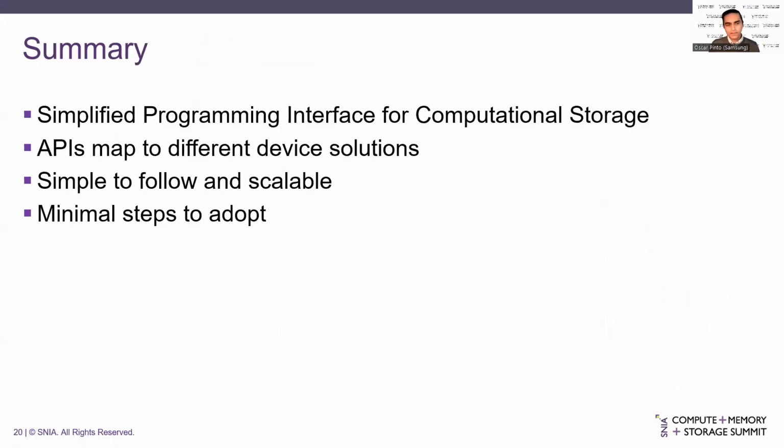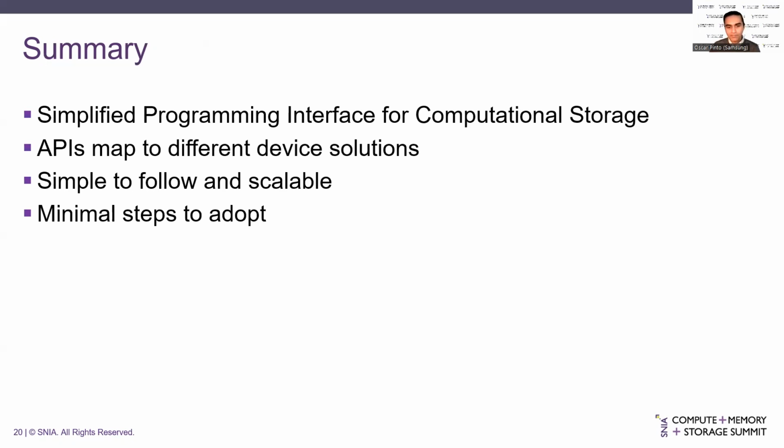We have the SNIA CS APIs. It's a very simplified interface. Like I said, we just needed 6 steps to do all the operations for computational storage. These APIs can map to different types of computational storage device solutions, because they're highly abstracted.